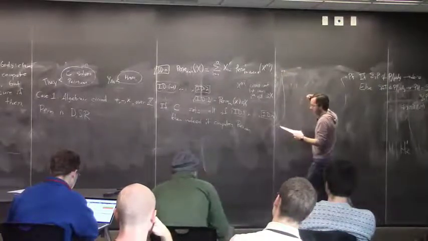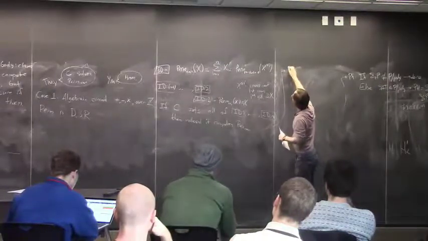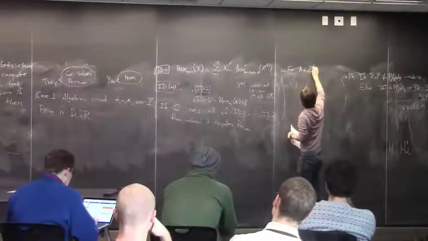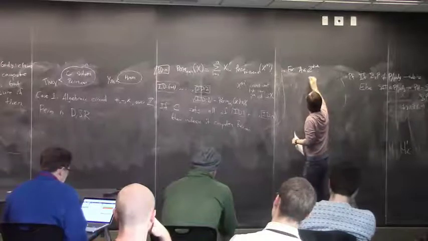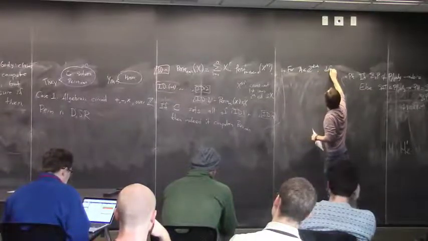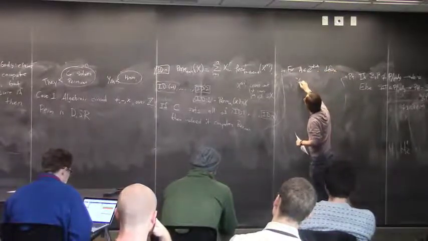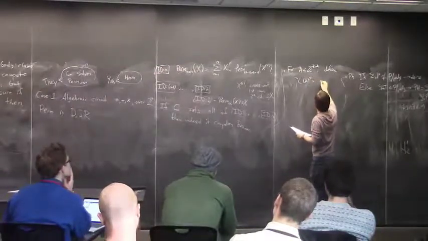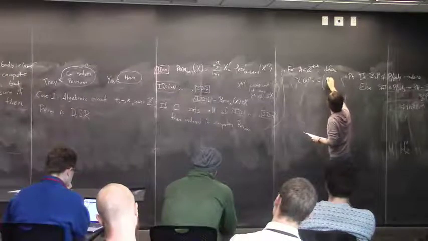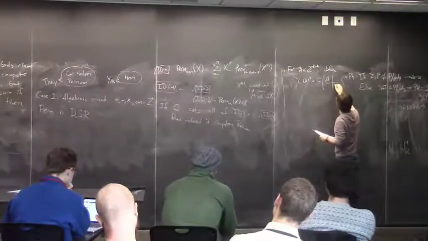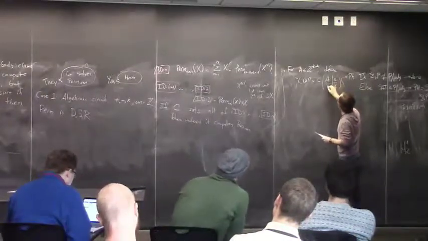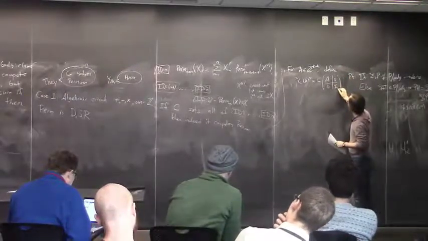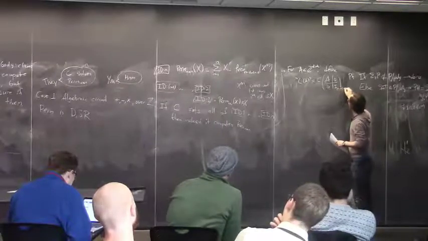So just so that this makes sense, let's say you have a matrix A that's k by k. I'm just going to define, quote unquote, C of A to be C applied to the matrix A stuck in a block diagonal matrix, where this A is k by k, and this identity matrix is n minus k by n minus k.